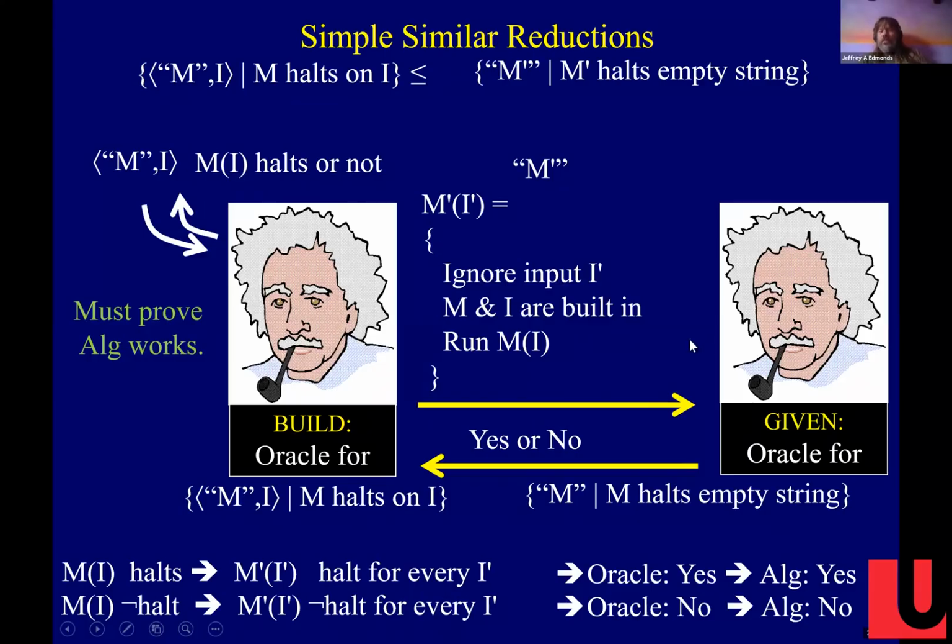If M halts on I, then M prime halts on every input, so it halts on the empty string. And if it halts on the empty string, the oracle says yes. Now, if M on I doesn't halt, then M prime doesn't halt for any input, so it doesn't halt for the empty string, so the oracle says no.